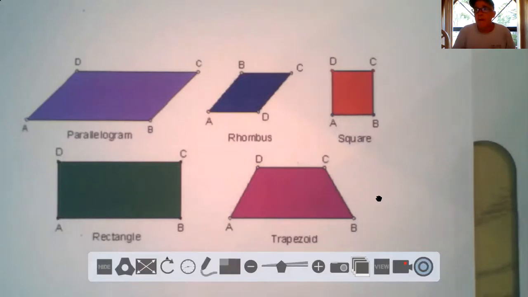Each and every one of them has a personality of their own. I'm going to tell you about the personality of a square, the personality of a rectangle, the lonely trapezoid. So you are going to learn not only what makes a square a square or a parallelogram, you are also going to learn their personalities.